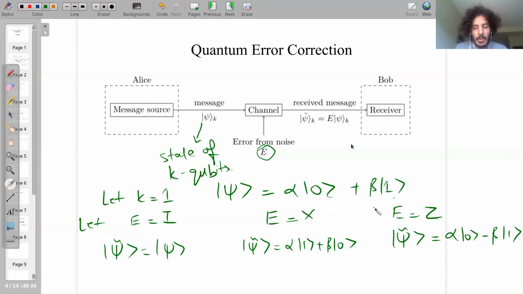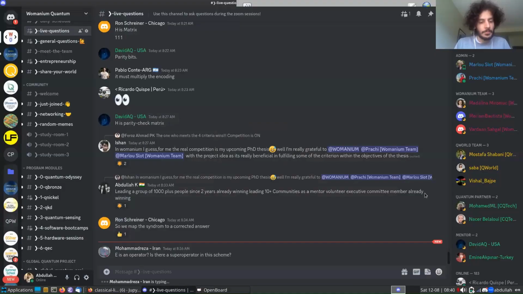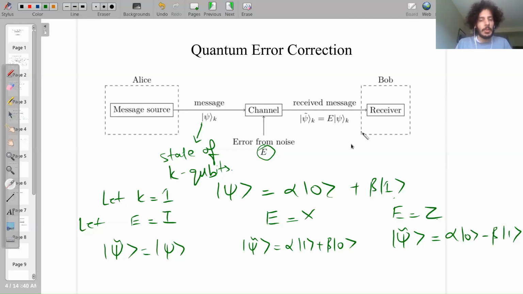There's a very nice result which says that if you can correct these bit flips and phase flips using your code, then you can correct any sort of errors. This is a very nice property of quantum error correction, but we'll get to that eventually. Mohammed is typing again, but I'll wait.